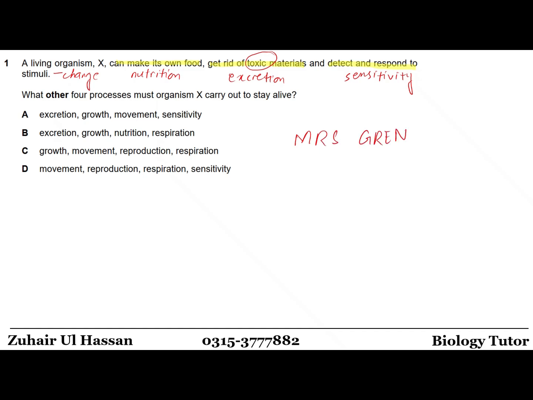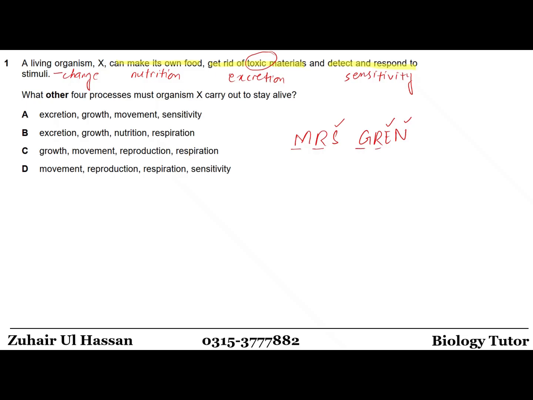M for movement, R for respiration, S for sensitivity. Sensitivity is shown in the statement. Growth, reproduction, excretion, and nutrition. So we have to find out which option has movement, respiration, growth, and reproduction.